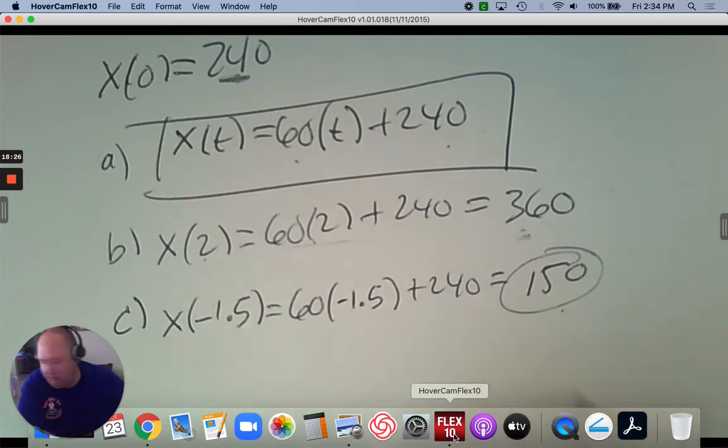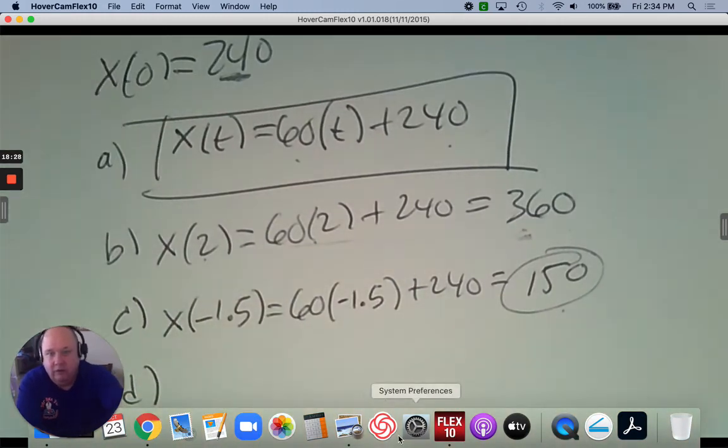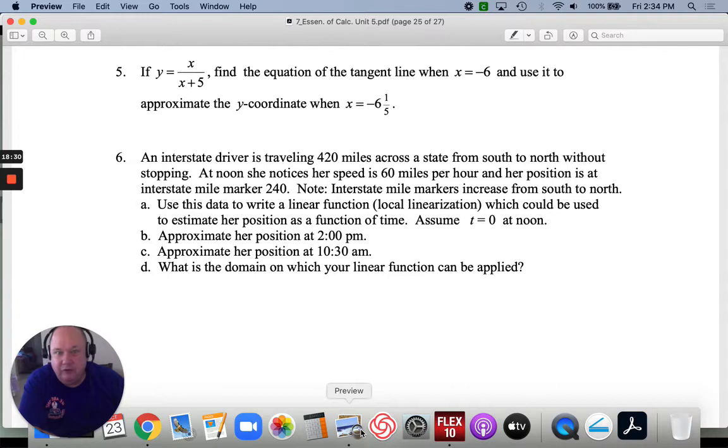Part D says, what is the domain of your linear function? What we need to know is when the mile marker is 0. So if I make it equal to 0, at what time is it 0?